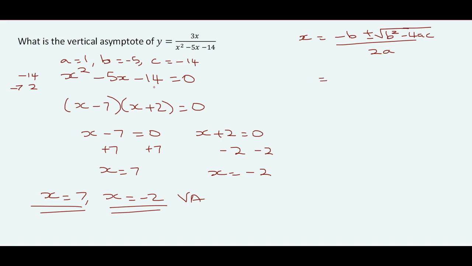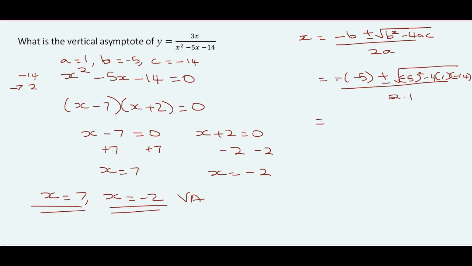So x is going to be equal to negative of -5 plus or minus square root of -5 squared minus 4 times 1 times negative 14, divided by 2 times 1.